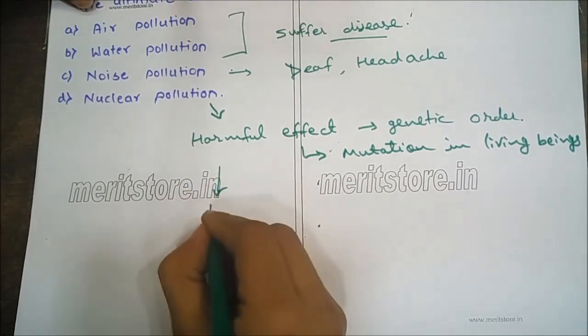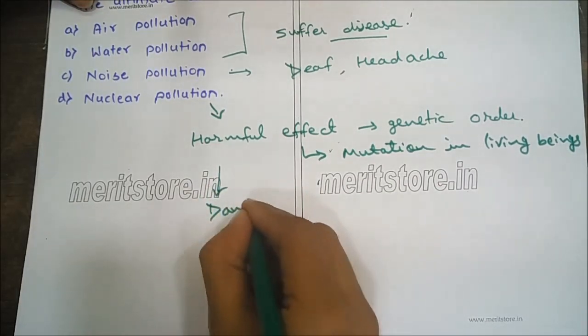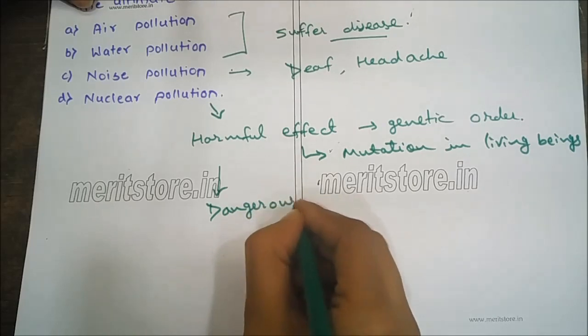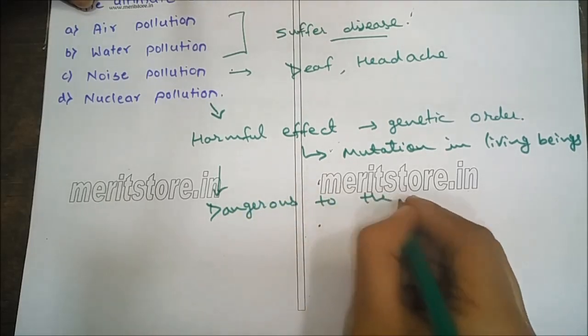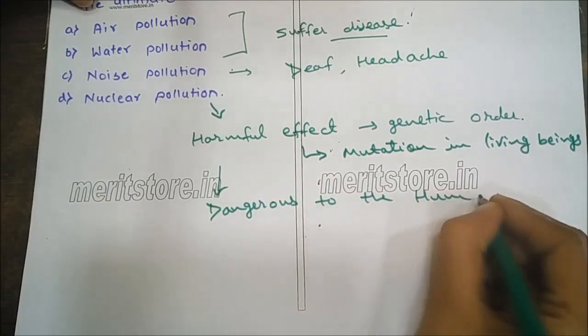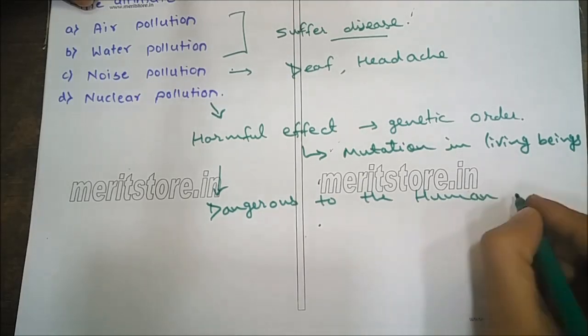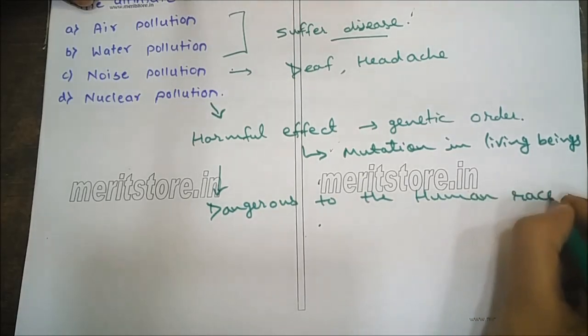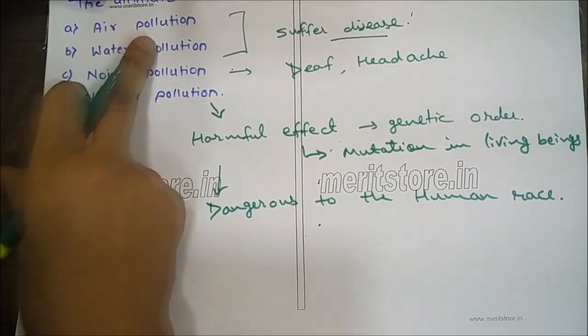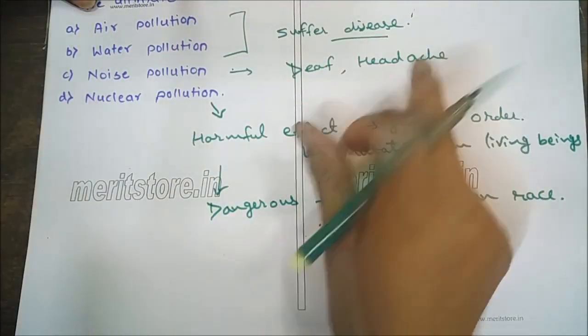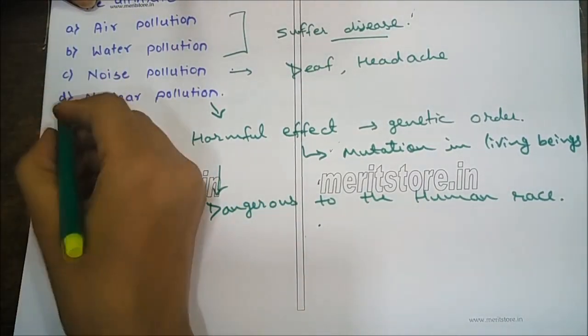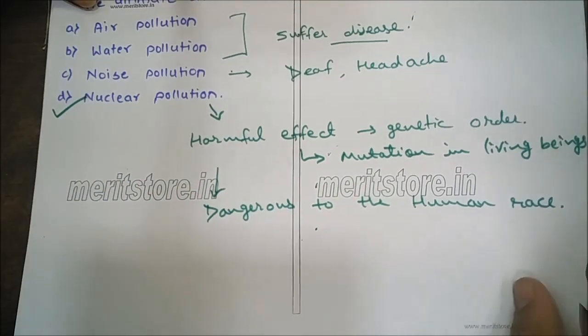It is very dangerous to the human race or other living beings. The ultimate environmental hazard to mankind is nuclear pollution, that is D.